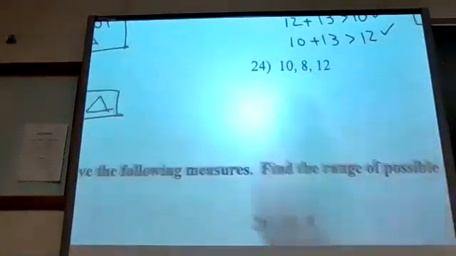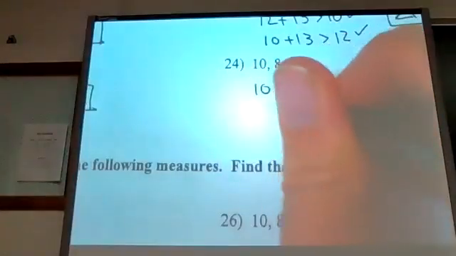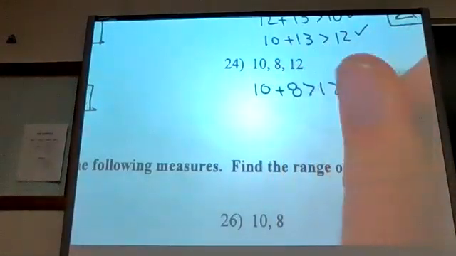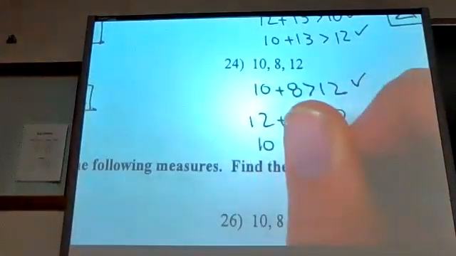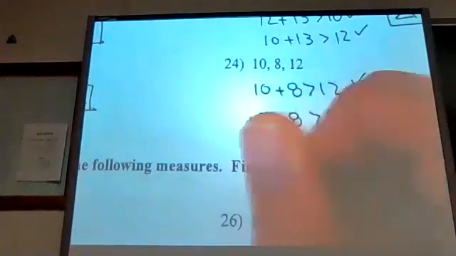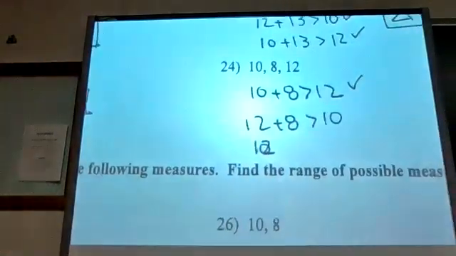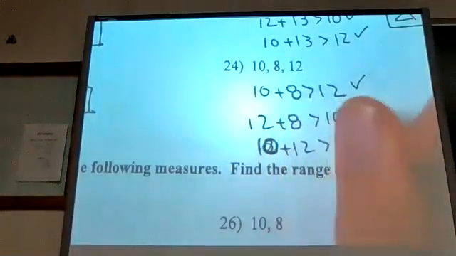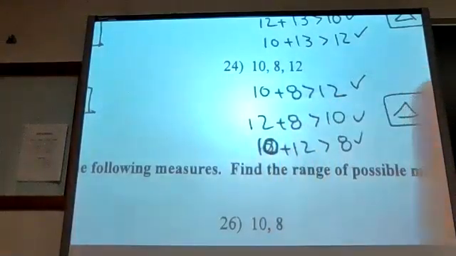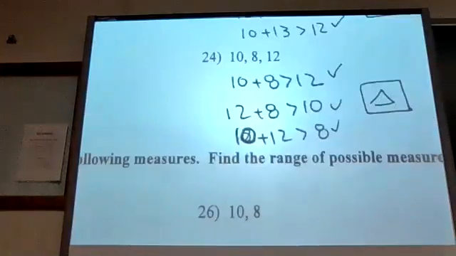On 24, two smaller sides, 10 and 8, is that going to be greater than 12? Yep, and 12 and 8 will always be greater than 10. And 10 and 12 would also always be greater than 8. This one can also be a triangle.